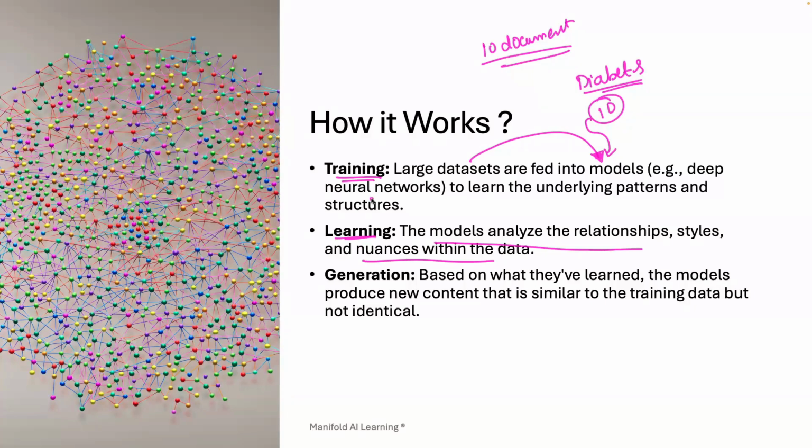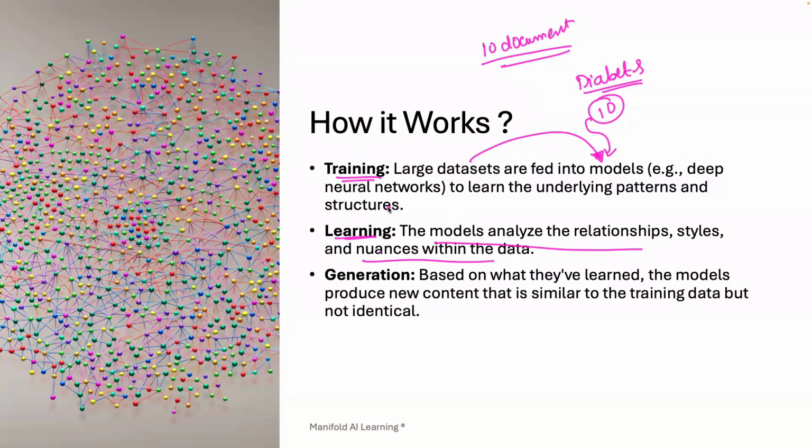Now, once the learning has happened, based on what they have learned, the models produce new content that is similar to the training data. What it means is, once the learning is completed, if I send an input to my trained model, it can generate new content based on the pattern that it has recognized.